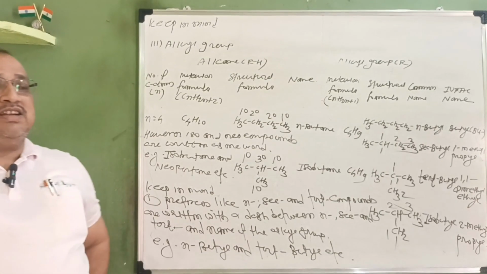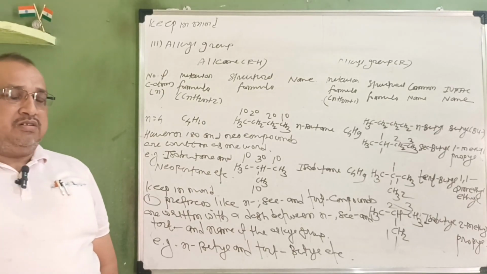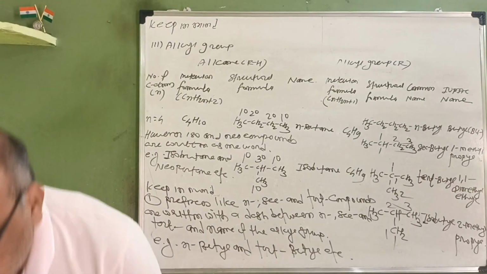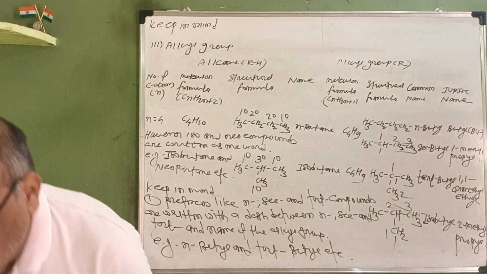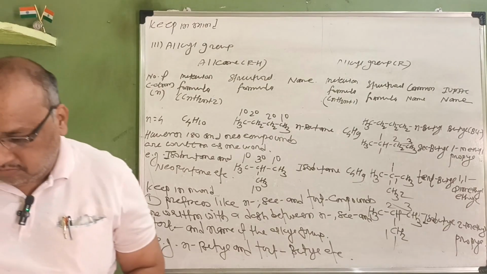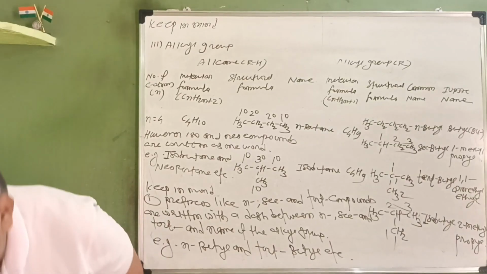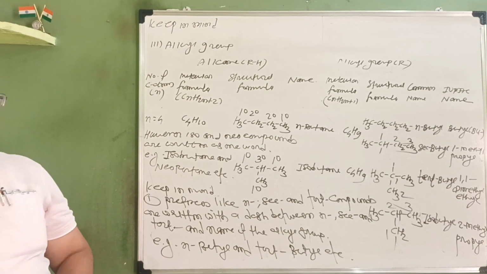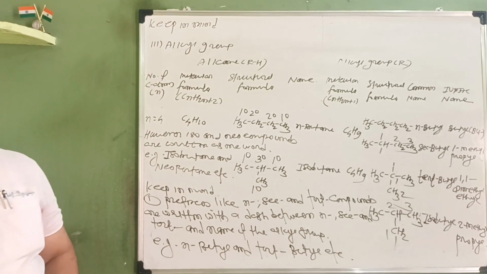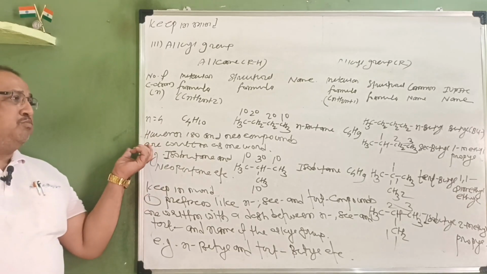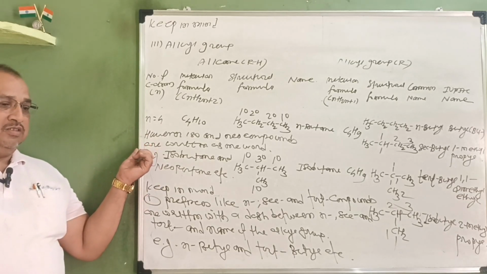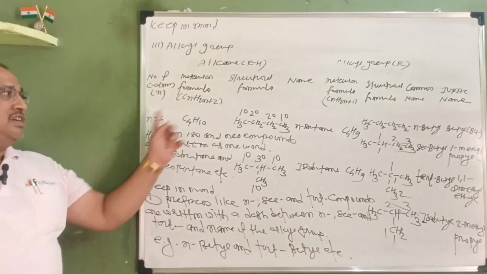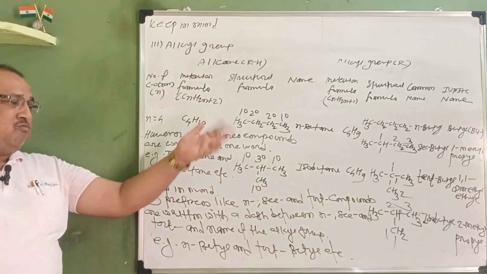Now this is regarding the types of alkanes. Here keep in mind the most important point: methane contains only one carbon atom, so it forms only one alkyl group.